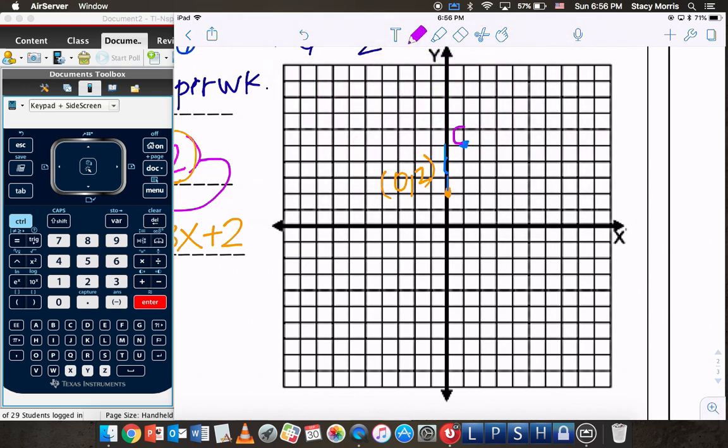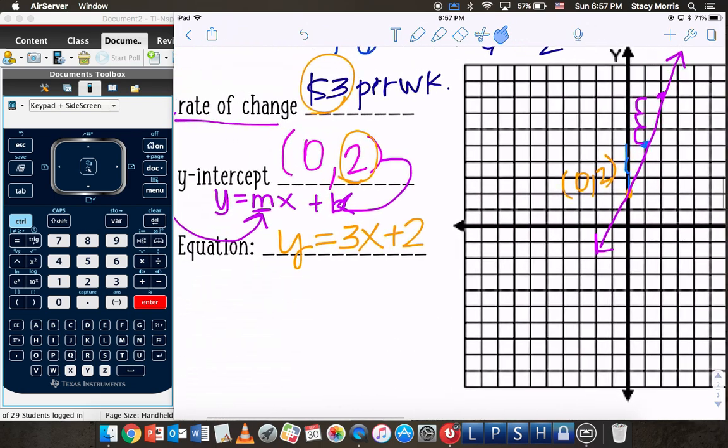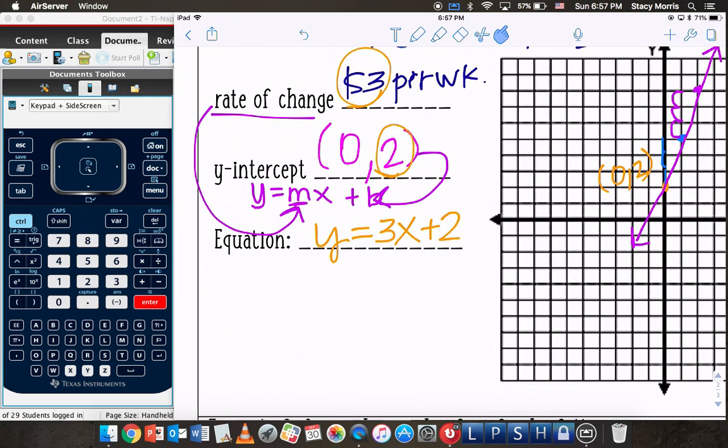So the line that's going to represent little Jimmy's savings would look like that. We're just going to connect those all together. If I were checking that in my calculator, I would type in y equals 3x plus 2, and we should see that it looks like what I put on my paper.